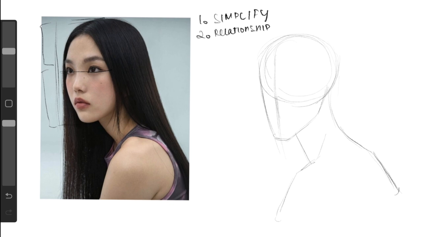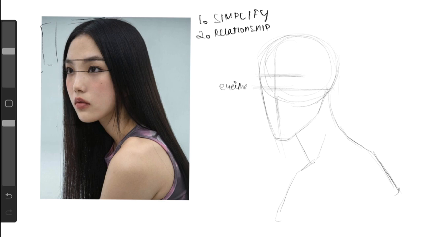That was quite interesting because I was thinking it would be a little bit up, but it is placed in the middle, and that's great. I measured and it's right. Now after I got my eye line, I will guess where the eyebrow will be, and I think this distance will work great.